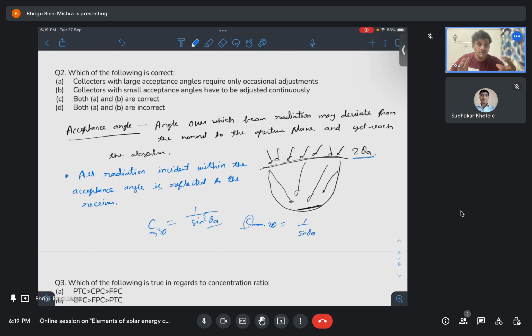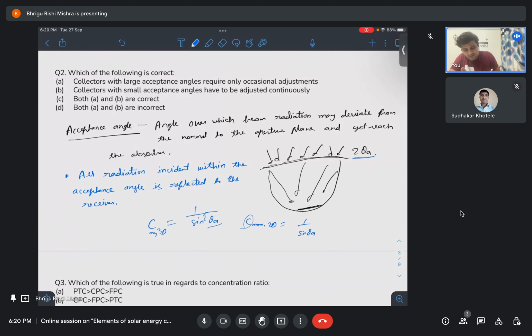But if the acceptance angle is very small, that means you have to track them, like you have to adjust the concentrator continuously in order to keep the normal of the surface parallel to the beam radiation radiated by the sun. Okay, so that means both are true.